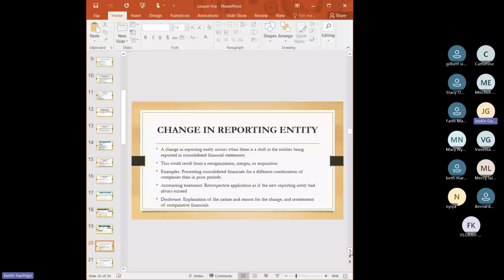So, change in a reporting entity. Now this one involves, for example, if you have been reporting as a single entity, now you have consolidated. You are a group of companies, like now Equity Bank. So initially it was just Equity Bank.